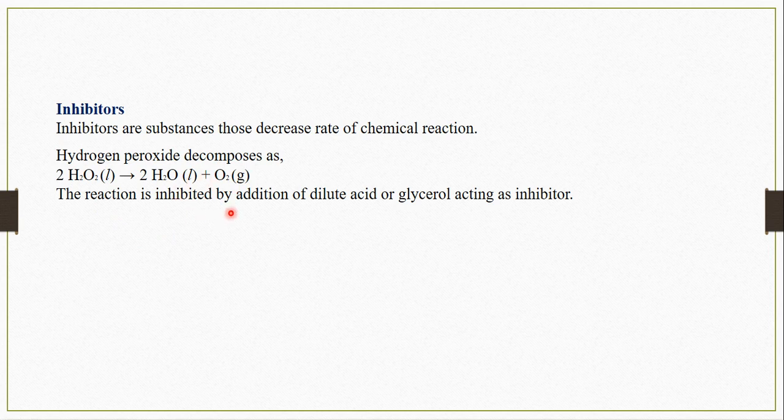The reaction is inhibited by the addition of dilute acetic acid or glycerol acting as an inhibitor. If we add the dilute acid or the glycerol, the decomposition of hydrogen peroxide will stop. So the dilute acid or glycerol acts as an inhibitor.